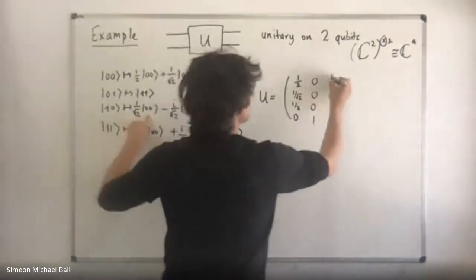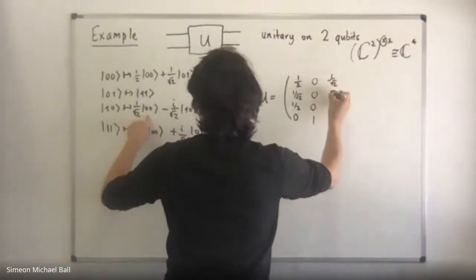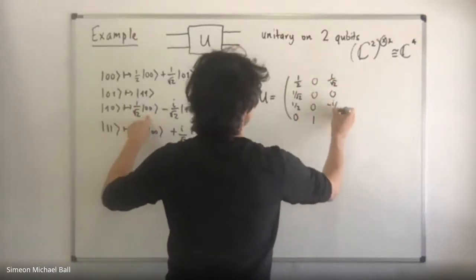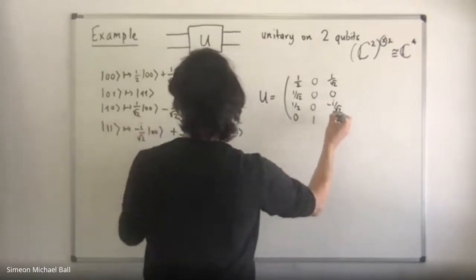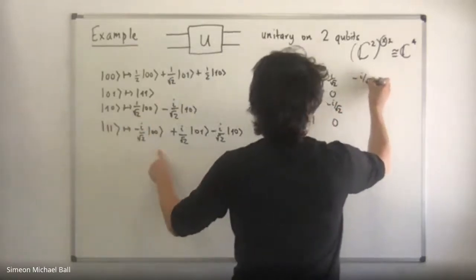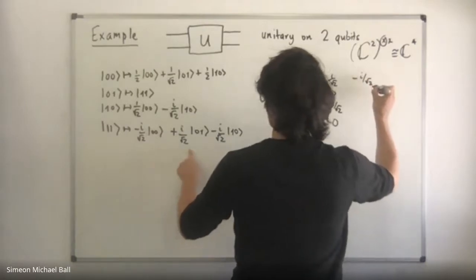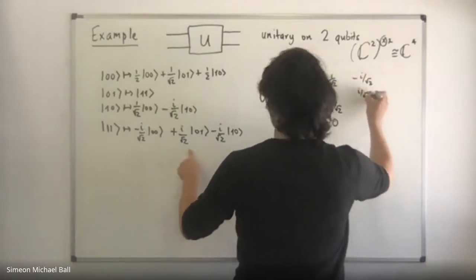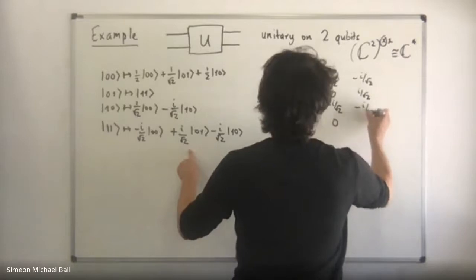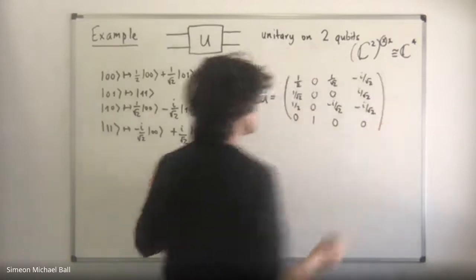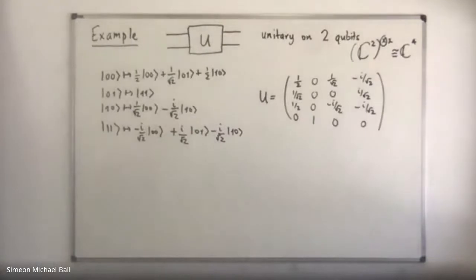Here we've got 1 over root 2, 0, minus i over root 2, 0, and finally minus i over root 2, i over root 2, minus i over root 2, 0. So apparently this should decompose into, at most, 6 two-level unitaries.